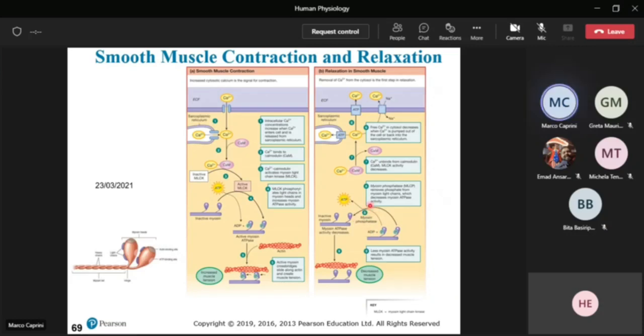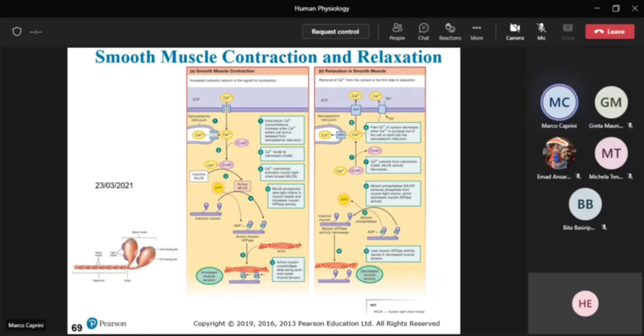This is a typical state, latch state, when the muscle can remain contracted for a longer period of time. But in any case, when the myosin phosphatase activity is present, the smooth muscle cell decreases the tension.